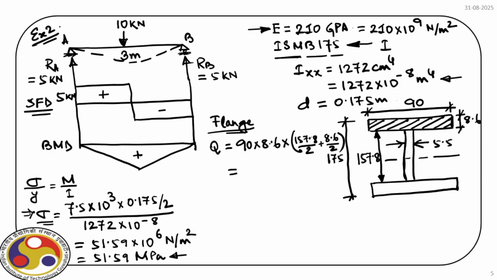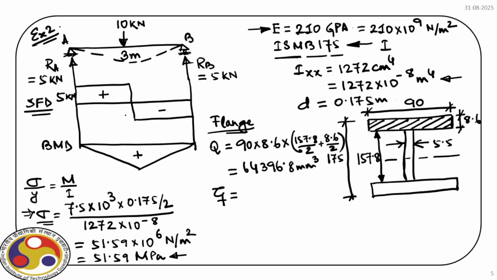Now, all these dimensions are in millimeter. So if you solve this, you get 64396.8 millimeter cube. At the flange level, now we can calculate tau f, which is VQ by IB.